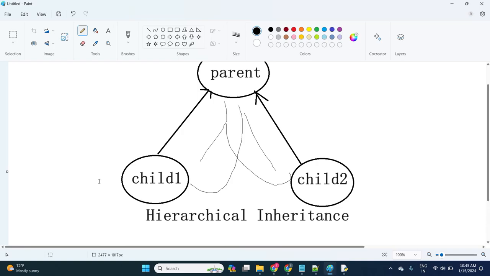Clear? This is nothing but a hierarchical inheritance.